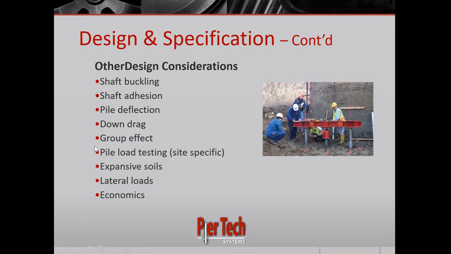Then we have group effect. Group effect occurs when piles are spaced close apart, typically less than 3 feet. You start to get the piles bearing on the same material, and when that happens, the capacity is reduced because they're sharing the same soil.